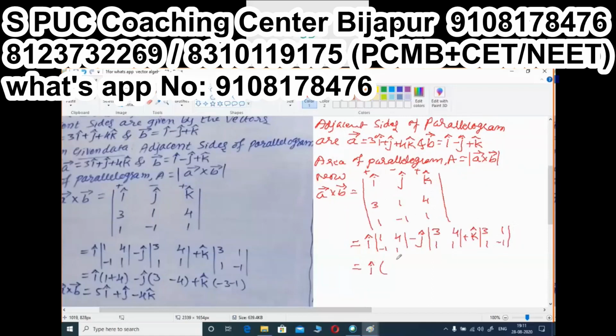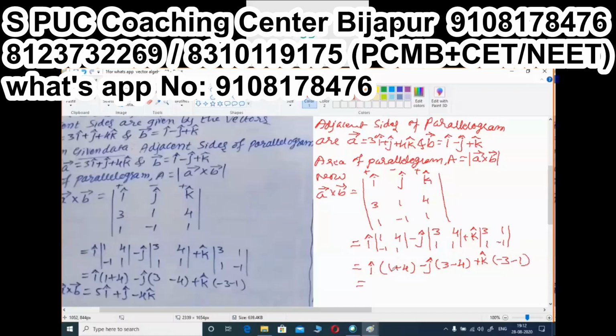For i cap: 1 into 1 is 1, minus 1 into 4 is minus 4, and on this side taking minus, it is plus 4. For minus j cap: 3 into 1 is 3, minus 1 into 4 is 4, so 3 minus 4. For plus k cap: 3 into minus 1 is minus 3, minus 1 into 1 is minus 1.